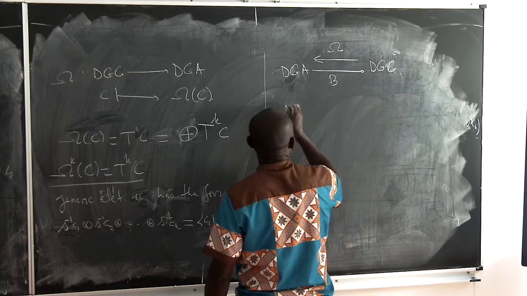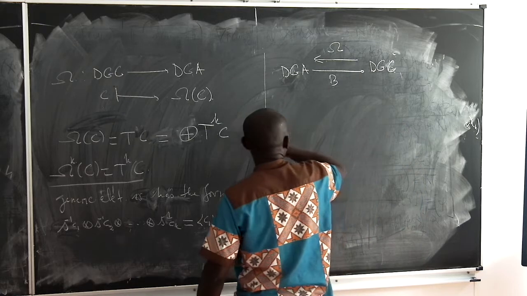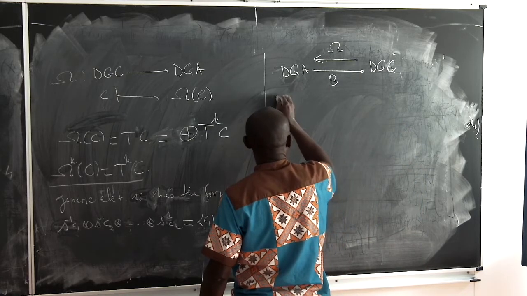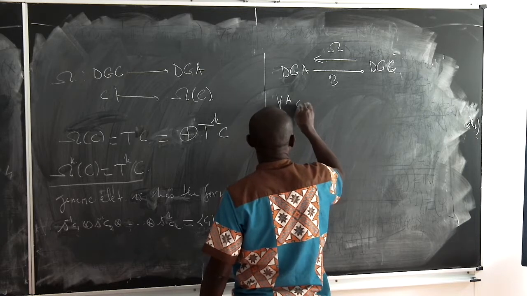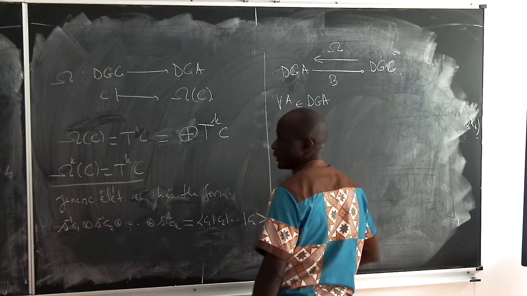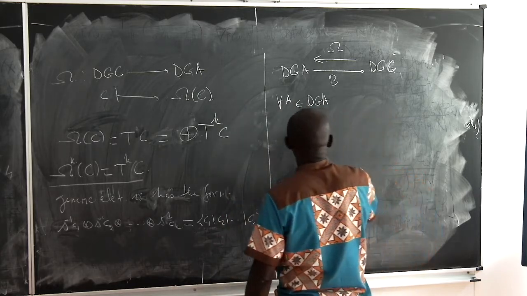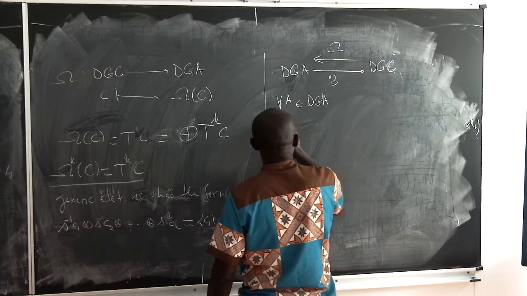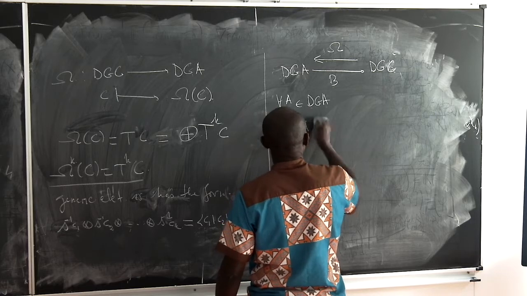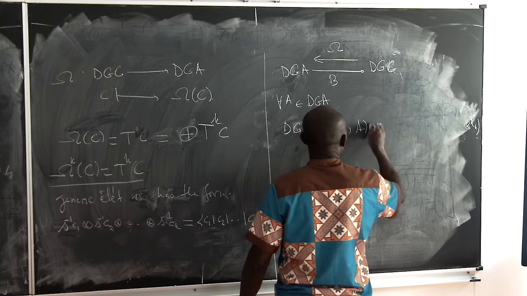The fact that the two are adjoint functors is translated by this relation: for all A, an object of the differential graded algebra category, we have Hom(Omega BA, A) isomorphic to this.